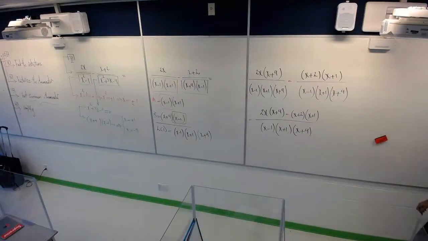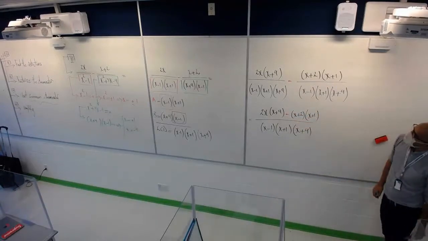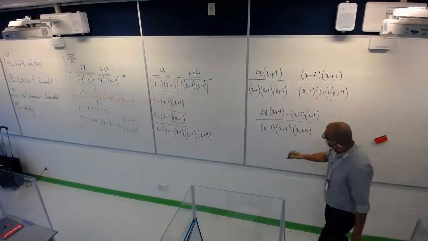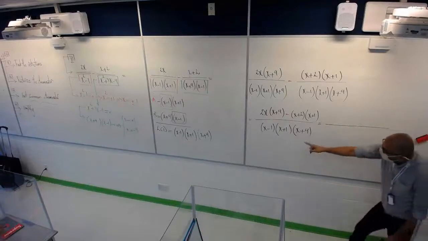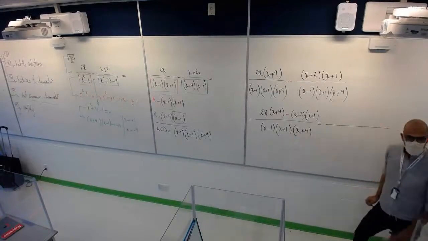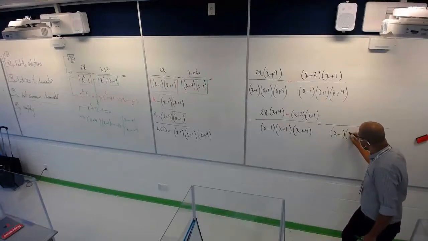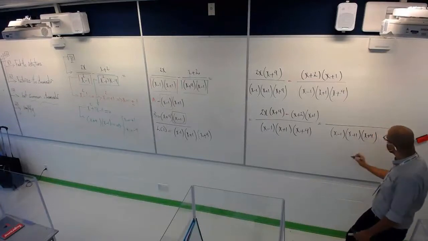Yes, Dave? Are we not multiplying 2x into the x plus 4? Are we not transforming into 2x squared plus 8x or something? Either you can do it there, or you can do it right here. I still keep my denominator the way it is, and I write x minus 1 times x plus 1 times x plus 4.